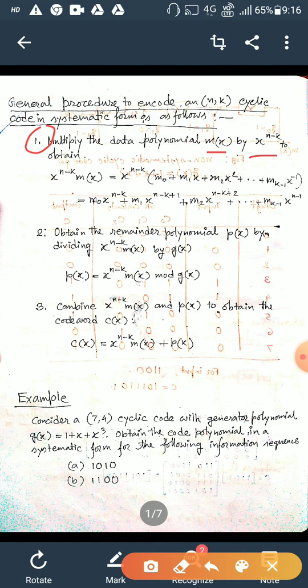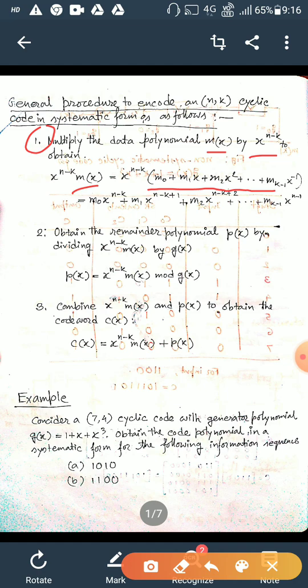If we consider m(x) as m0 plus m1 x plus m2 x square plus up to m(k-1) x to the power of k minus 1. Why is this k minus 1? Because we consider here that the message bits number k. So if you start the suffix from 0, then the end will be at k minus 1, and for this reason it is written as such.